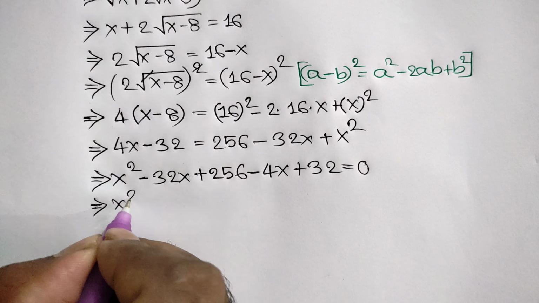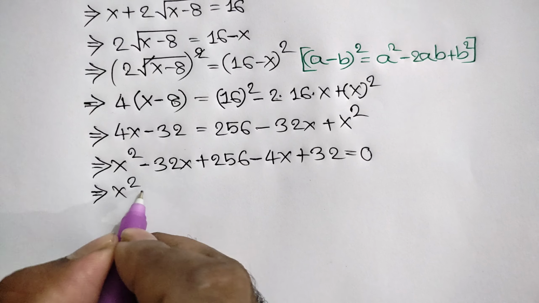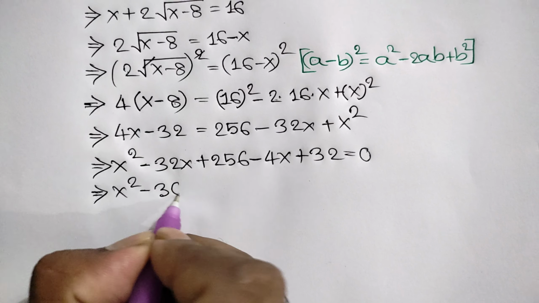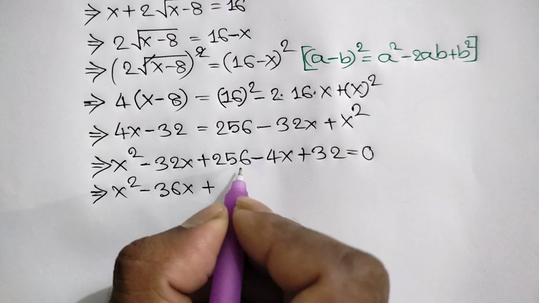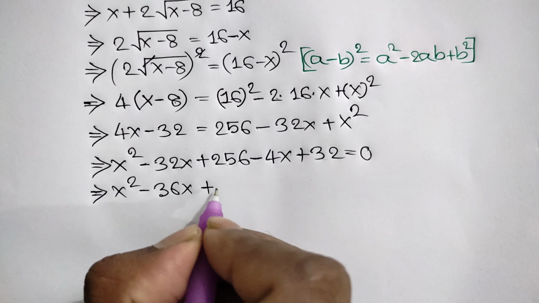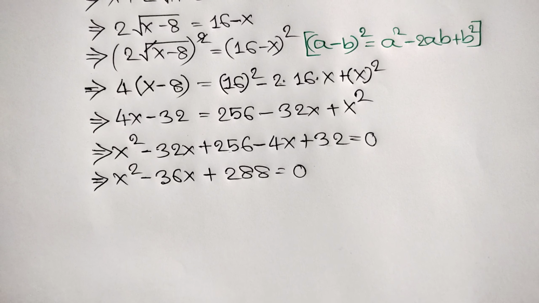Now x square, negative 32x and negative 4x is negative 36x, plus 256 plus 32 is 288, is equal to 0.